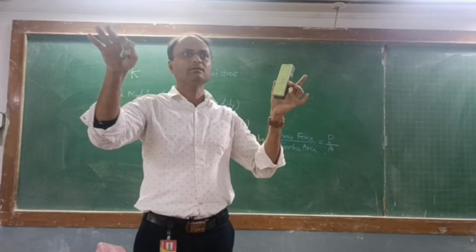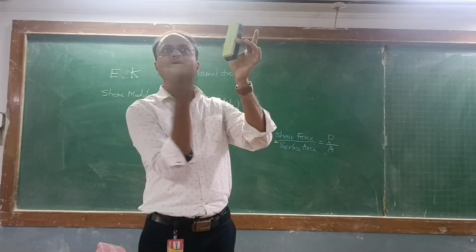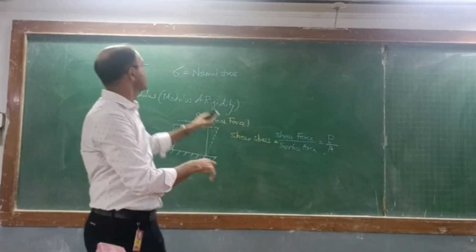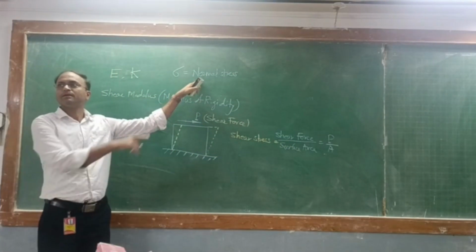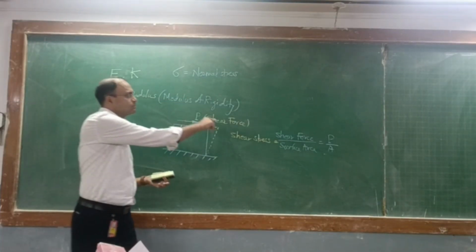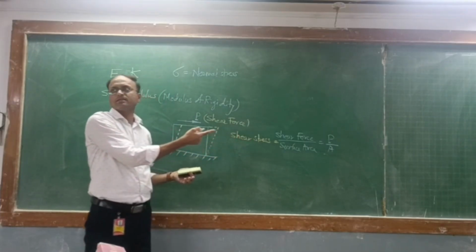Normal मतलब perpendicular. है कि नहीं? नॉर्मल किसे बोलते हैं हम? इसको जब परपेंडिकुलर टू दैट इज कॉल्ड एज नॉर्मल. So stress is induced on this surface, that's why that stress is called as normal. यहां पे स्ट्रेस कहां पे इंड्यूस हो रहा है? सरफेस पे. That force is shear force. That's why stress is shear stress.